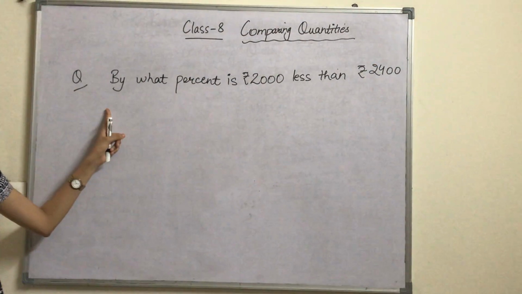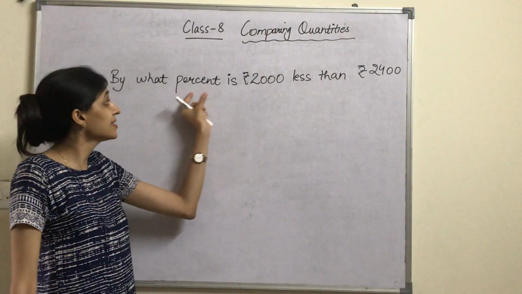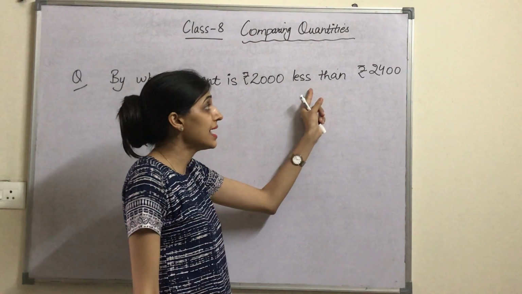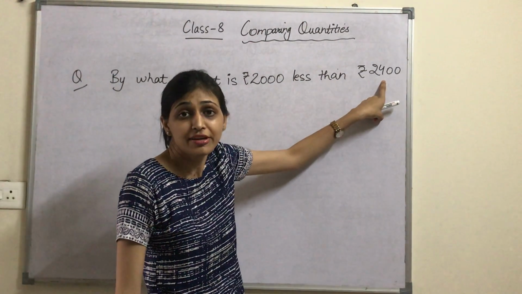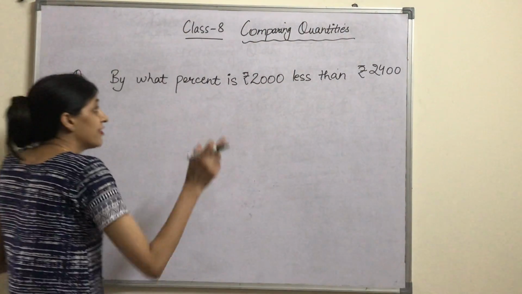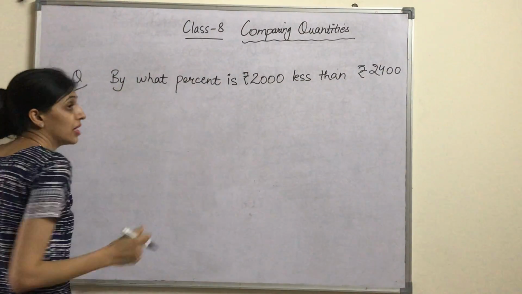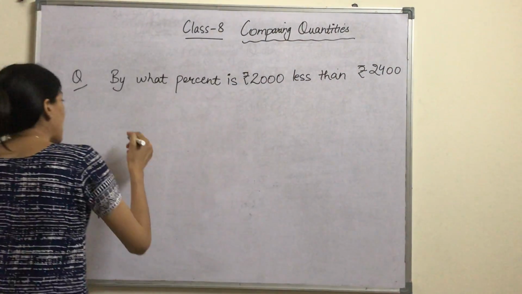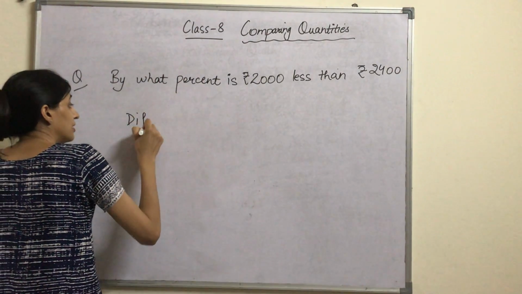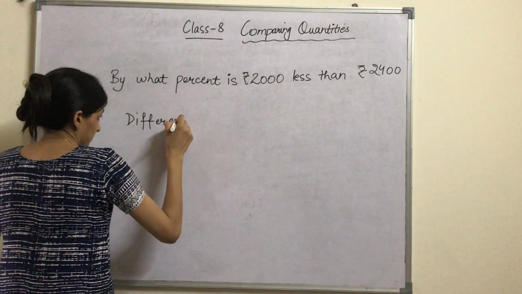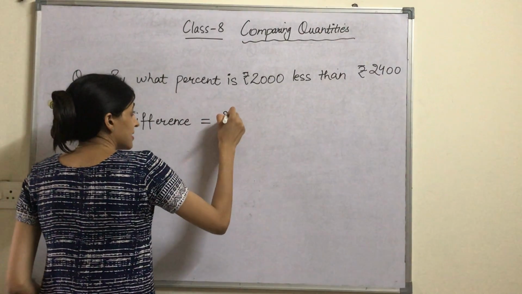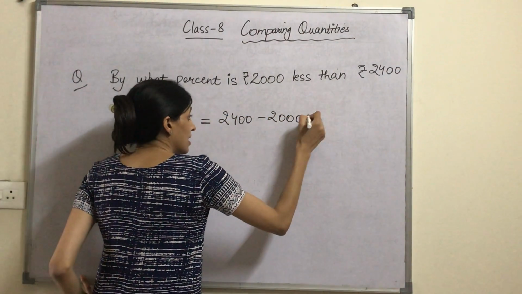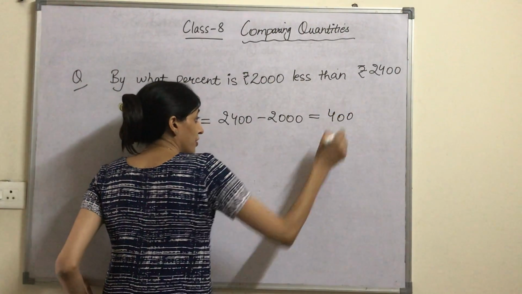Whenever there are questions where you have to find the decrease percent, you have to find the difference first. The difference is 2400 minus 2000, that is 400.